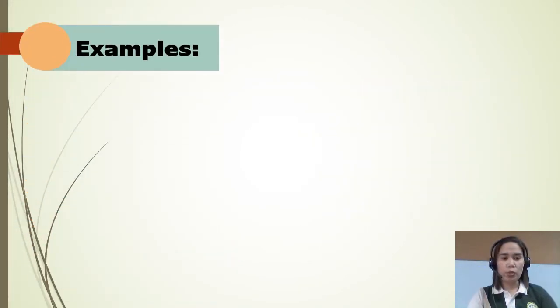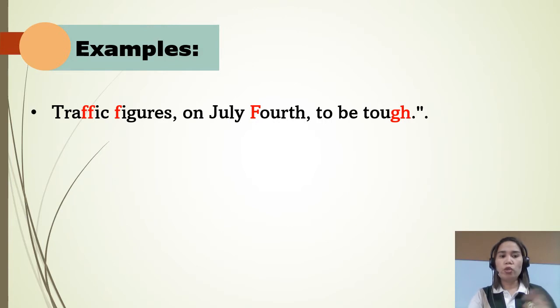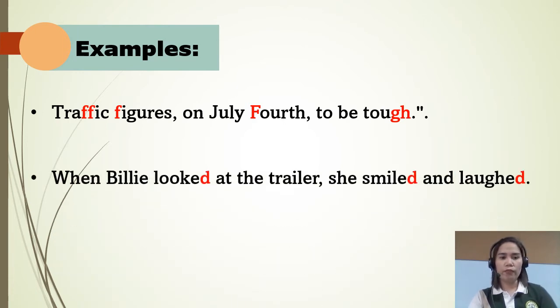We have some examples. First: traffic figures on July 4th to be tough. Again, consonance, of course, when sounds, not letters, repeat. In this example, the F sound is what matters, not the different letters such as PH used to produce that sound. Next: when Billy looked at the trailer, she smiled and laughed.